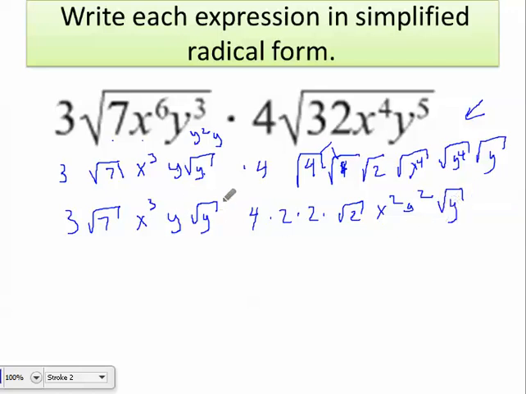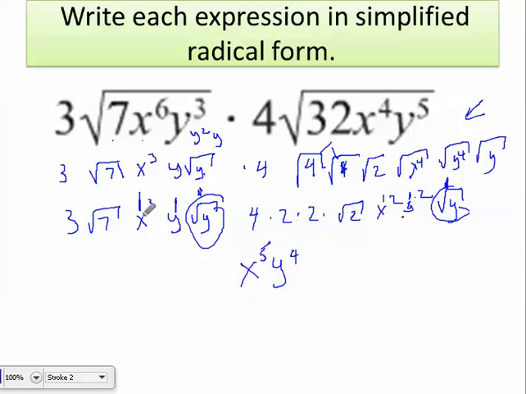Now I've got 2 square roots of y here, so that's going to be 1 y. I've also got a y squared, so that'll be y to the 3rd, and another y there, that'd be y to the 4th. Do you see where I got that? There's 1, there's a half, there's 2, that's 1.5 plus 2 is 3.5, and then there's another half, that's 4. Okay? Count my x's. I've got 3, 4, 5. So I've got x to the 5th.